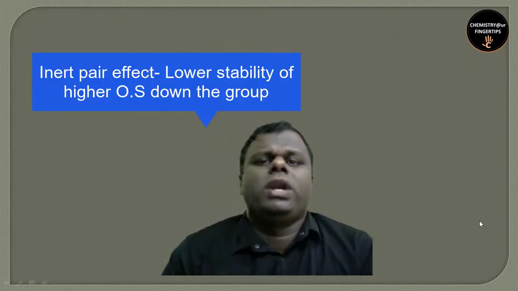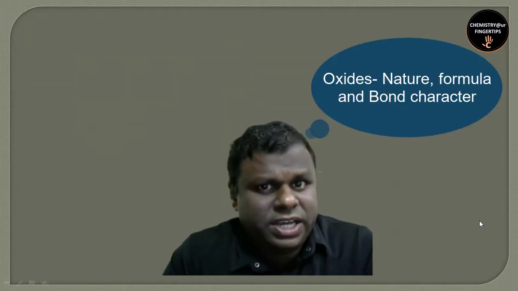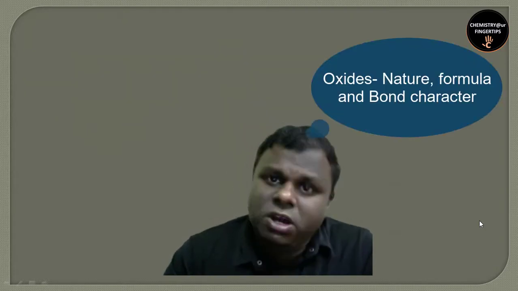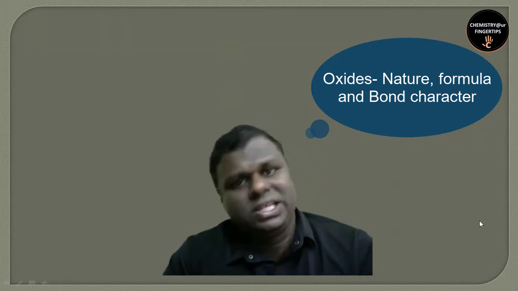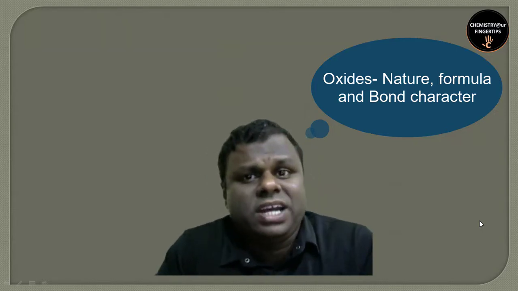Try to study the nature of the oxide, the formula of the oxide, whether it forms oxides with more or fewer oxygen atoms. Try to understand the covalent and ionic character, whether it increases when you go across a period or down the group. These are the things we should concentrate on a lot. Now let me give you a list of things.